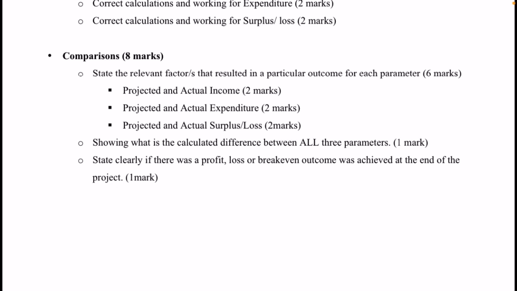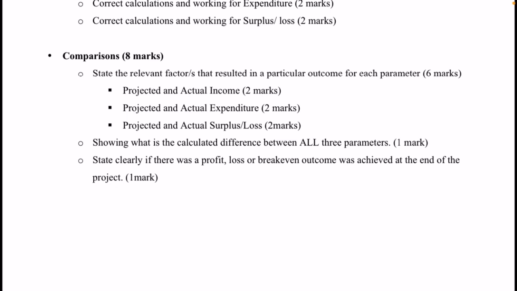This should be done for all 3 parameters. If this is done, you are awarded 2 marks each. 2. Showing what is the calculated difference between all 3 parameters is expected.